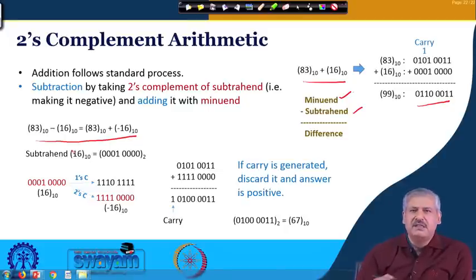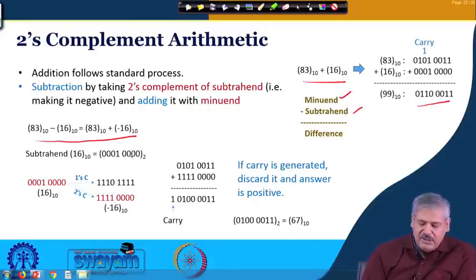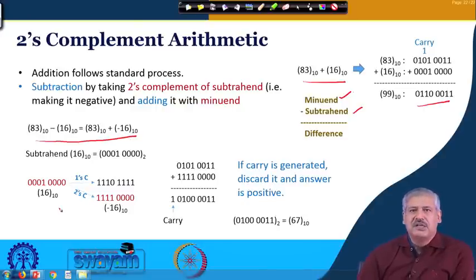So, 83 minus 16 here. When we talk about this number, to associate the value of this number, we are talking about decimal systems, but actually we will be performing the operation using binary. So, first of all, this 16 is a subtrahend. So, the subtrahend we have to convert to a negative number by 2's complement, right.